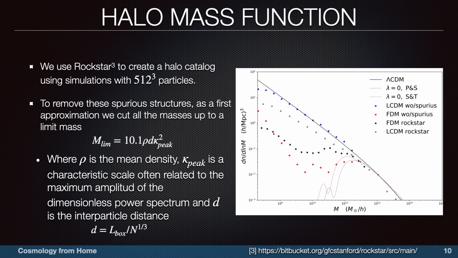In our case, we used the Rockstar code to make a halo catalog using a simulation of 512 cubed particles, and we found the same behavior as previous works, showing an increase in amplitude in the halo mass function for low masses. To remove these spurious structures, we use techniques used in previous works, like the one that I showed you in the last slide.